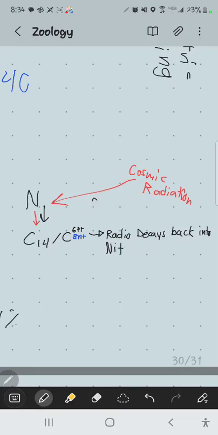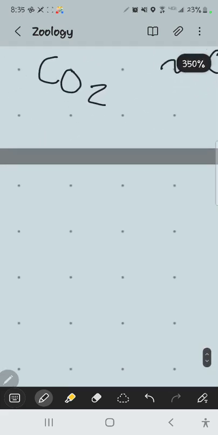So how this works is the CO2 in the atmosphere has carbon-12 to carbon-14 in a ratio of about 10 to the 12 to 1, which is easy to remember because it's about the same number as the carbon-12 here.